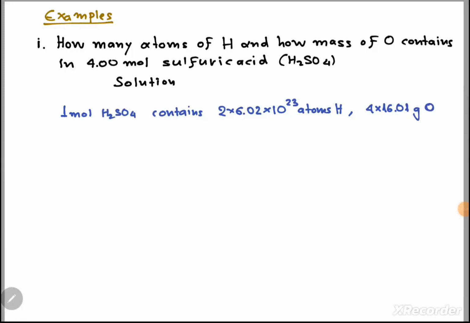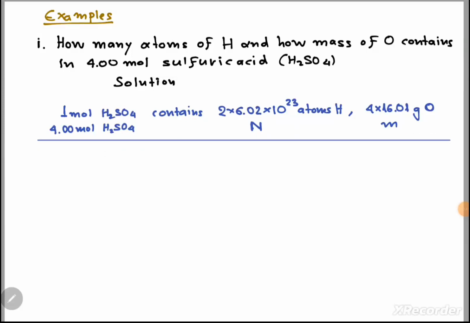We select atoms and grams because we're interested in them. In 4 moles of sulfuric acid, we have N atoms of hydrogen and M grams of oxygen.